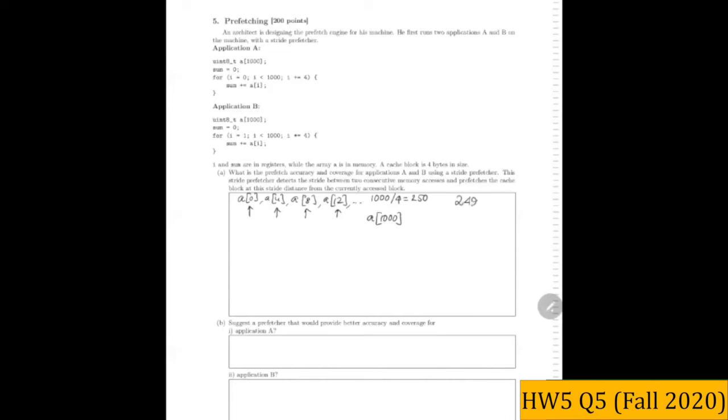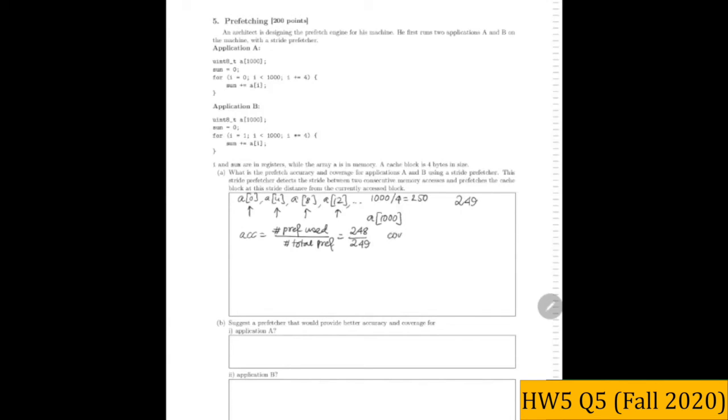So in total, the prefetcher would generate 249 prefetches. As per the formula, the accuracy of a prefetcher is the number of prefetches used by the program divided by the total number of prefetches. As per this rule, the accuracy of the stride prefetcher in application A would be 248 out of 249, because the last prefetch, going to element A1000, won't be used at all.